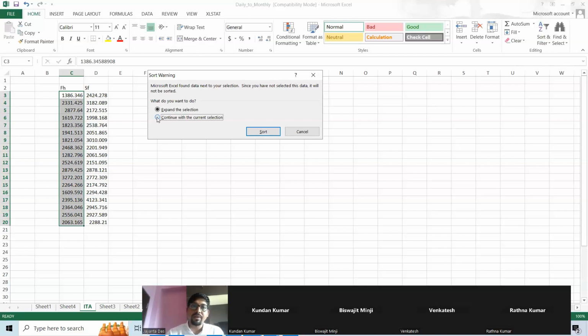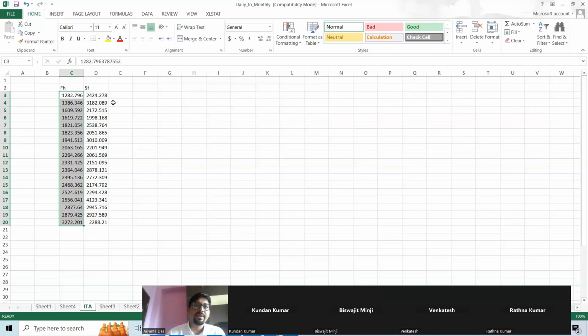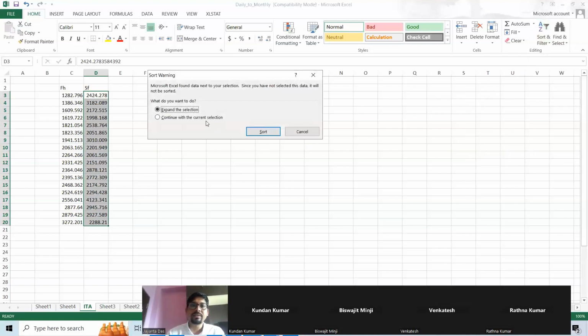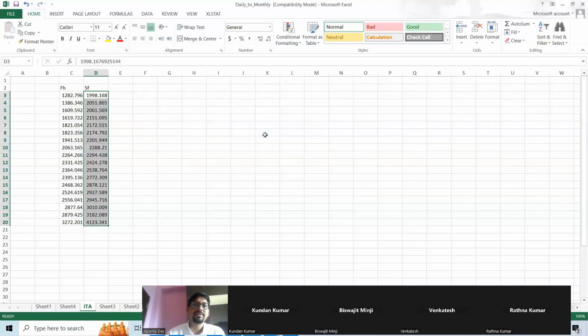We have to select continue with the current selection because we have to arrange each half in ascending order independently. Just select sort. Okay. Again, select the other one and sort smallest to largest, continue with current selection. Right.